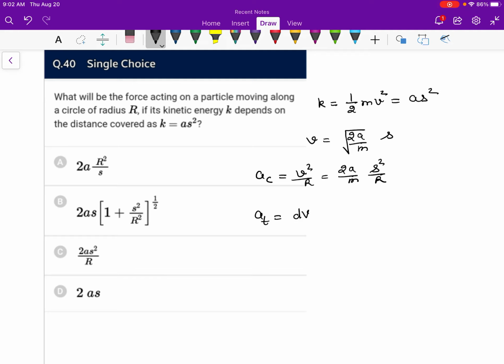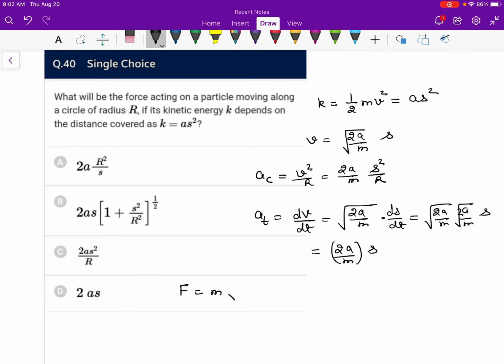Tangential acceleration is dv by dt, which is root of 2a by m into ds by dt. Okay, ds by dt is again v. So that is 2a by m into s. Now net force is m times root of a_c square plus a_t square.